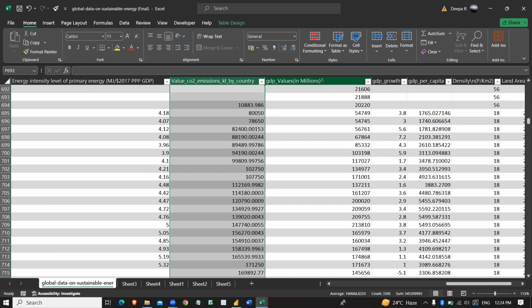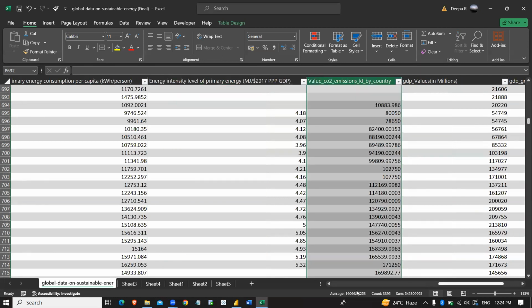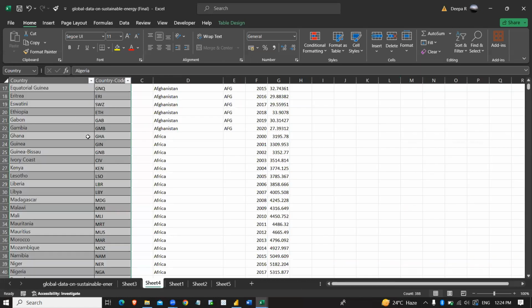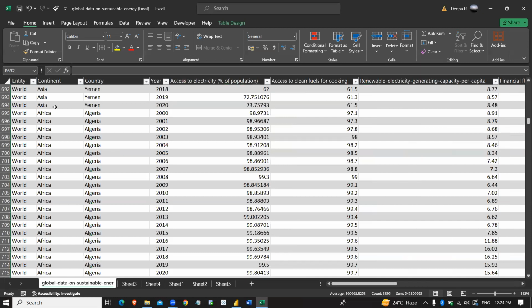I did not get an Excel sheet, but I took a Wikipedia page and took a screenshot, and I've entered the data for all the 176 countries and for all the 20 years over here. Apart from that, I have segregated all those countries into their continents. I have categorized these countries according to the continents. All these things I have done.